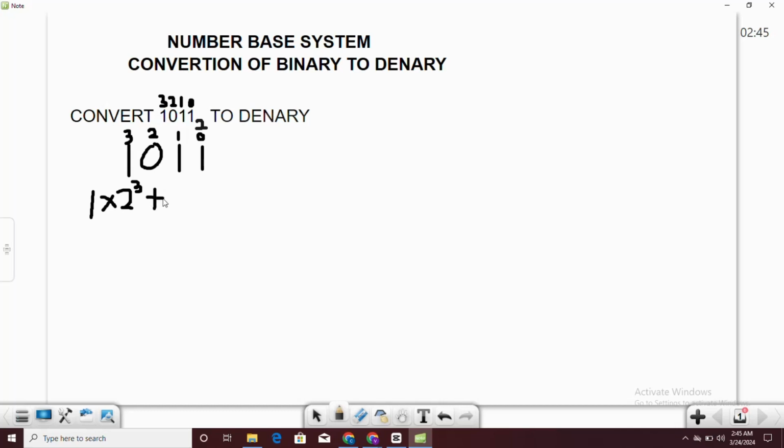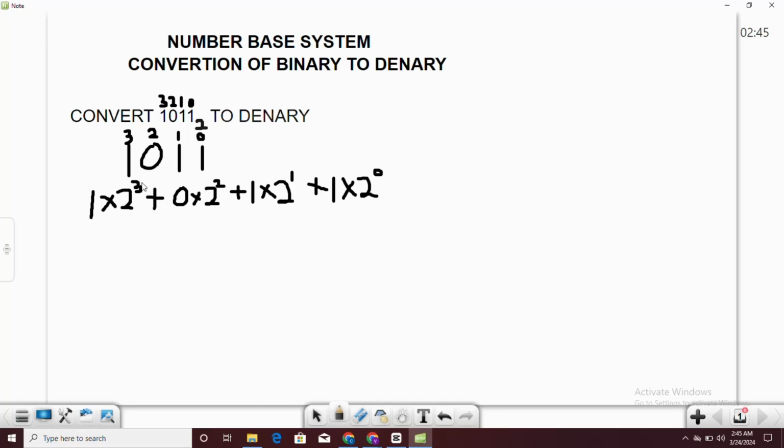Then I'm going to add it to the next number, which is 0 times 2 raised to power 2, plus 1 times 2 raised to power 1, then plus 1 times 2 raised to power 0.